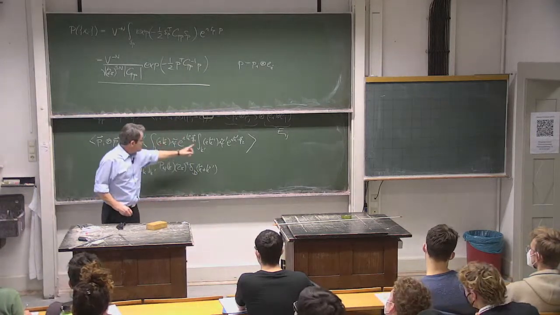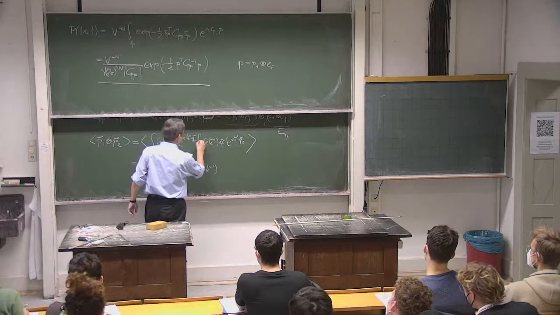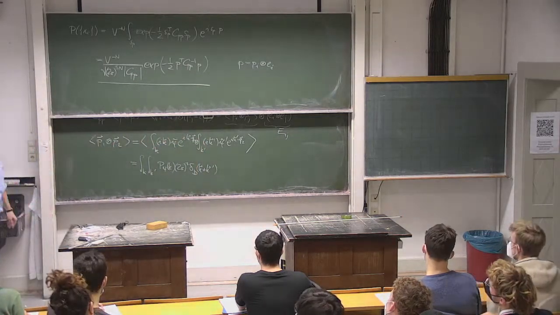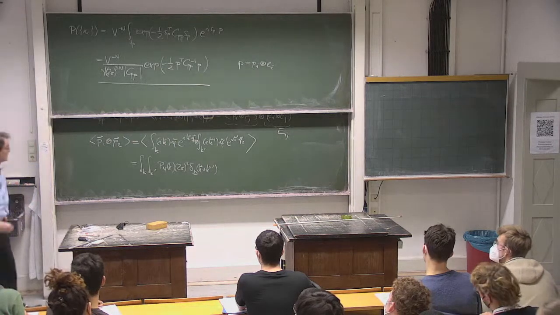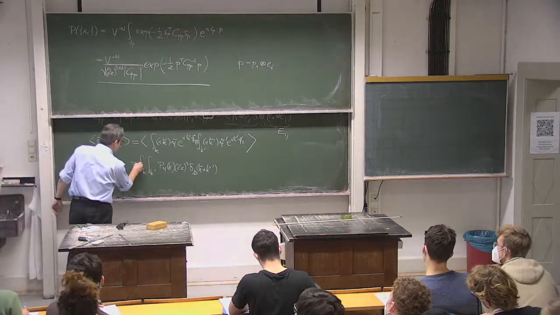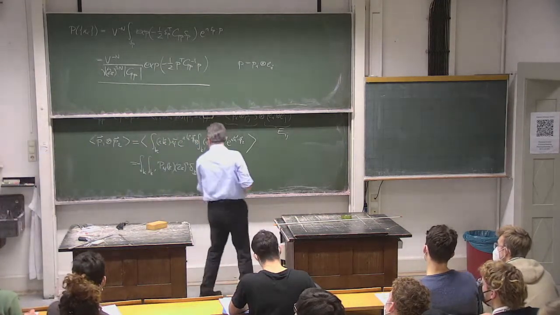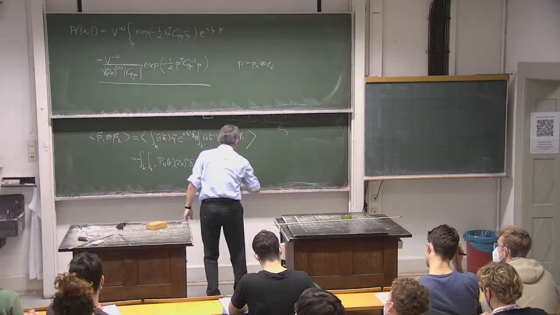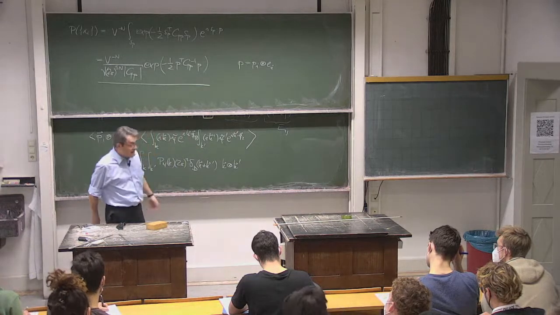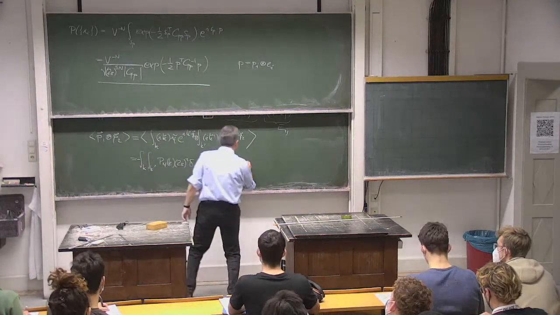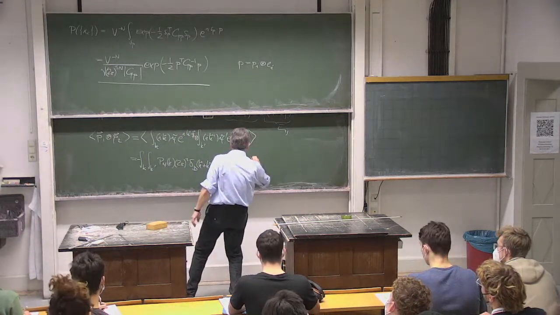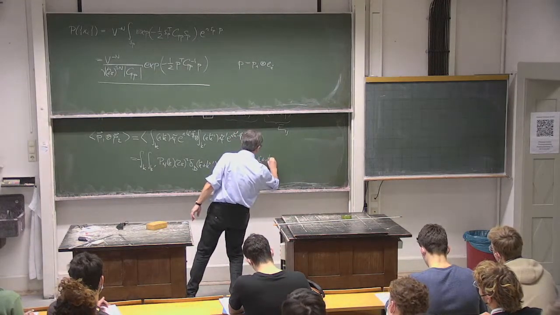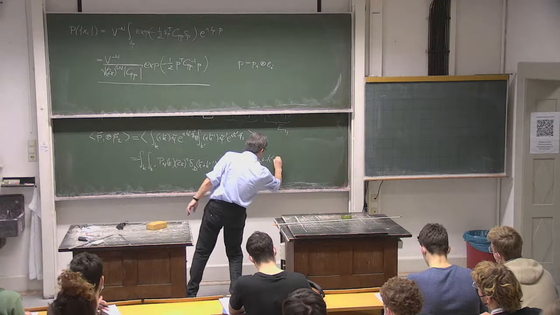Okay, now we have i times k tensor i times k prime. So that's minus k tensor k prime. And we have the Fourier phase factor, ik times q1 plus ik prime times q2.